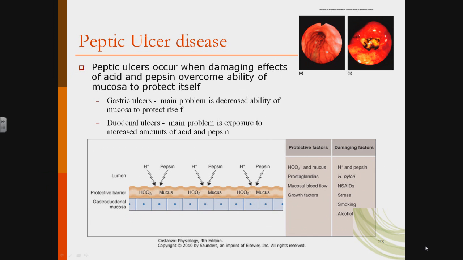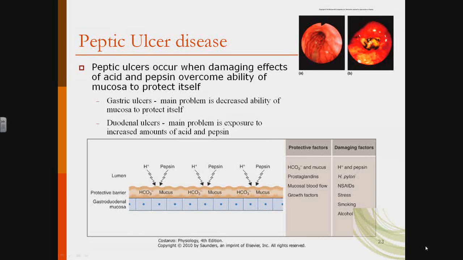And in the bottom picture, you're seeing, in blue, the gastroduodenal mucosa, the simple columnar cells. On top of it, in brown, you're seeing the protective bicarbonate-rich mucus from the mucous neck cells. This bicarbonate-rich mucus should deter any of the corrosive effects of the hydrochloric acid and pepsin.